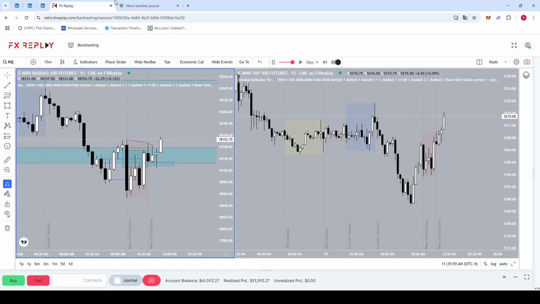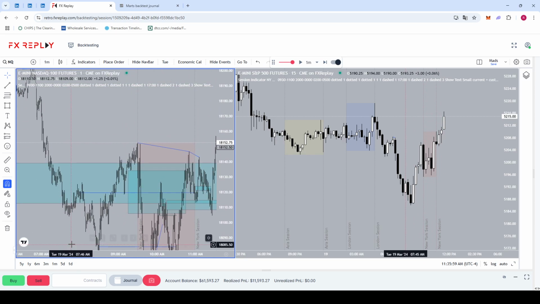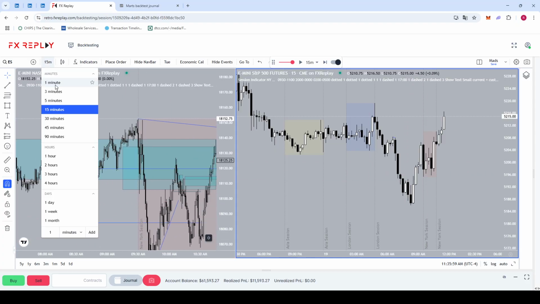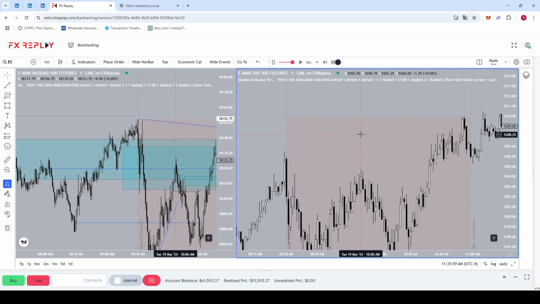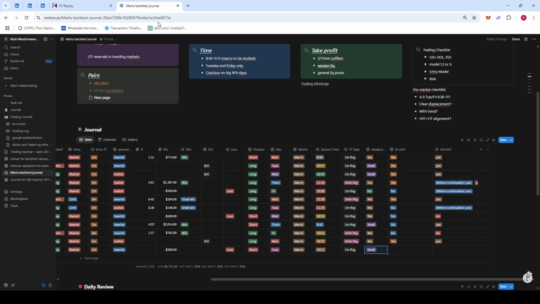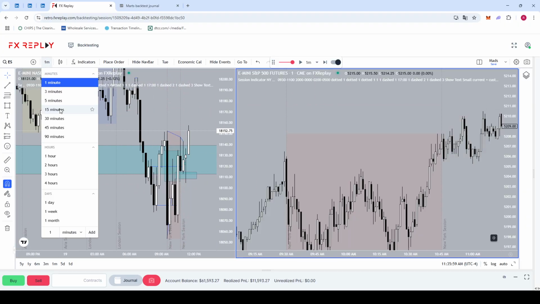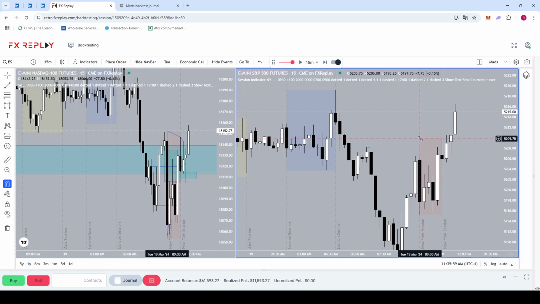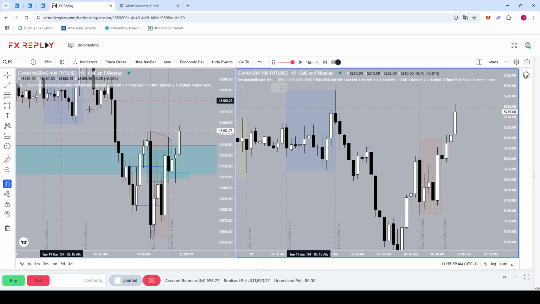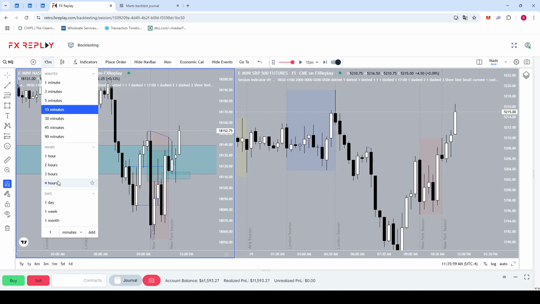So the displacement was pretty small here. So there is no low time frame SMT. We have this SMT.